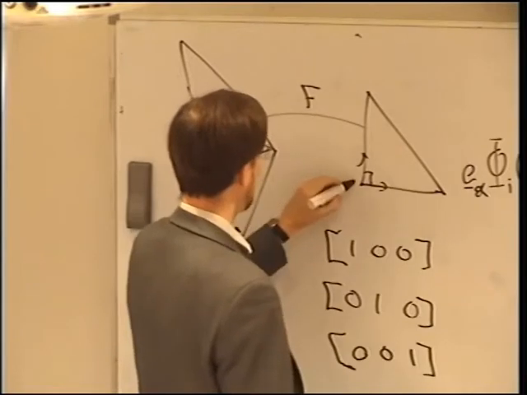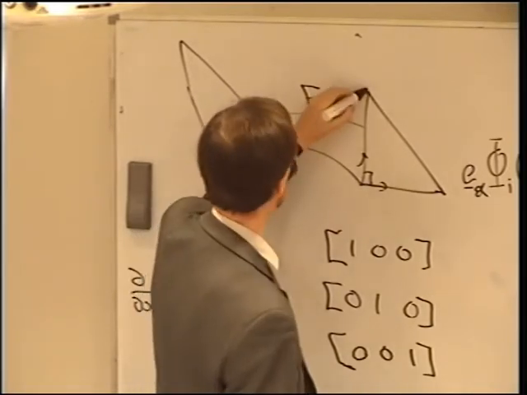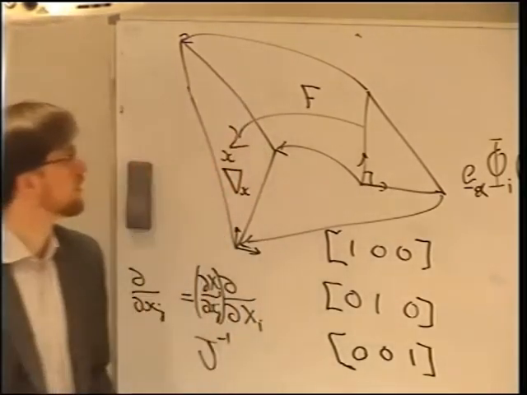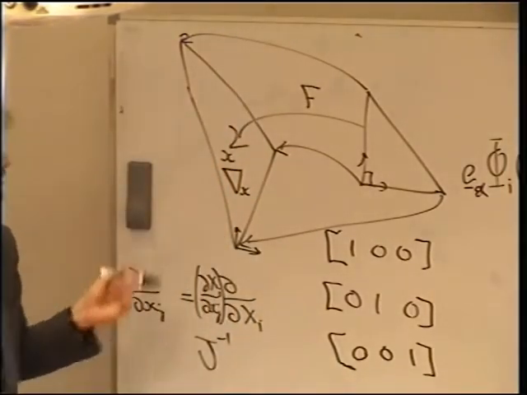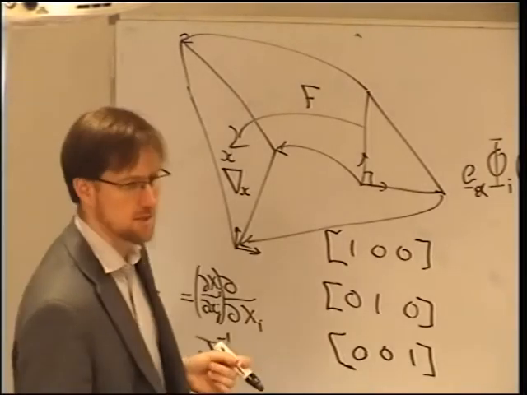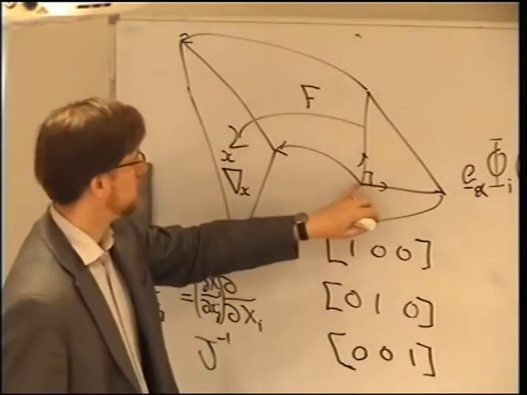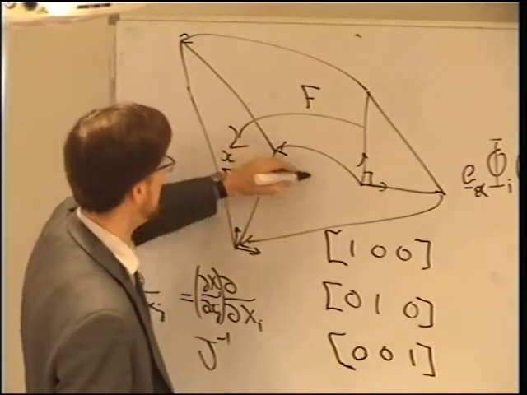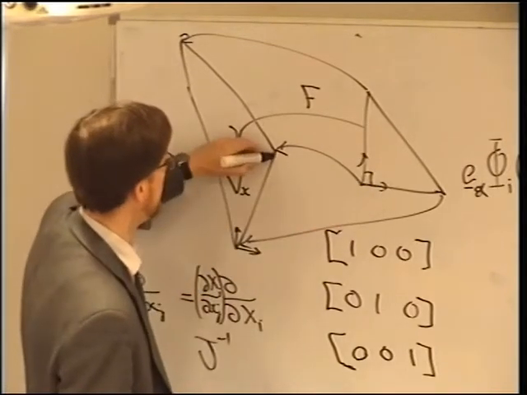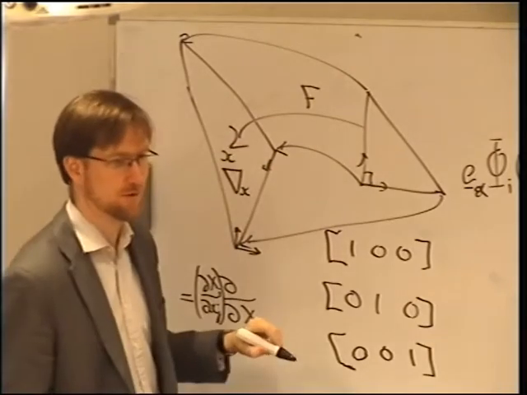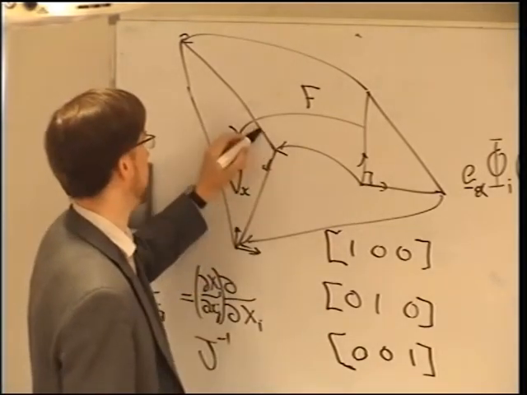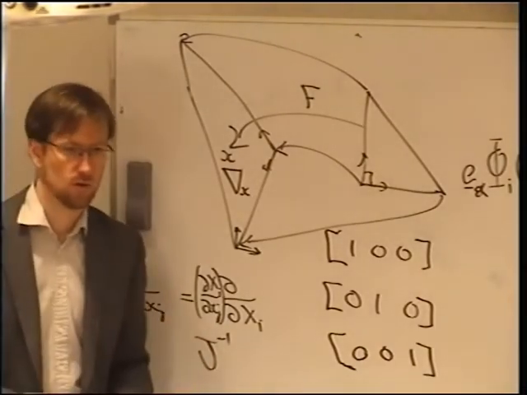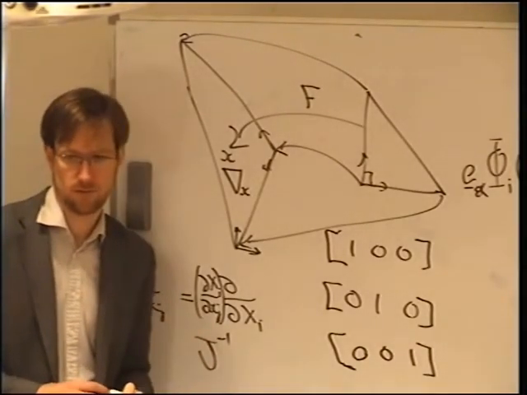So if I arbitrarily decide that that is the mapping of the three vertices as I go out to real space, that means that as I go from here to here, this vector direction here has to transform to this vector direction, and this vector direction has to transform to this vector direction. And that's in fact what the Jacobian here is doing.